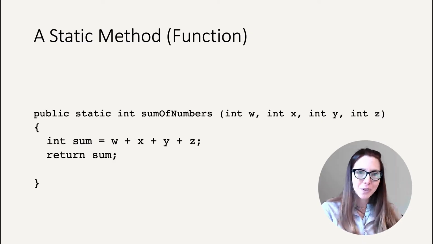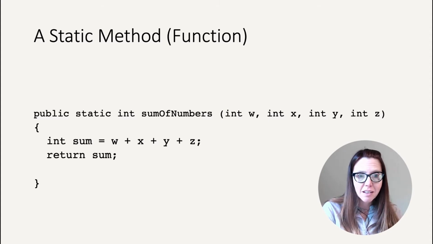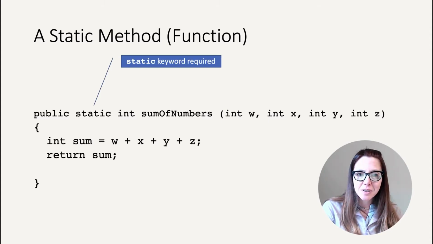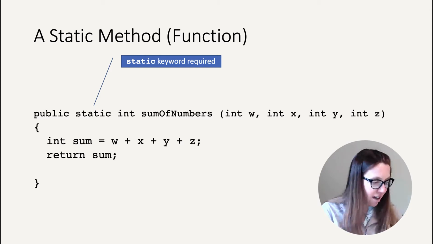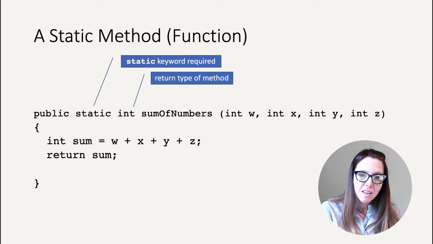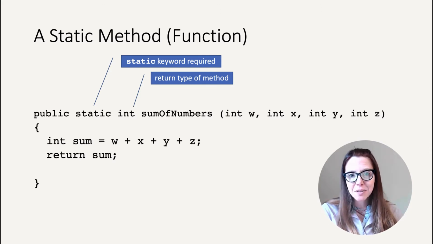A quick review of what we can expect within the form of a method, and that is as follows. We see that we have the static keyword, and this implies that this particular method is not invoked on an object. Then we have the return type of the method, in this case an integer.